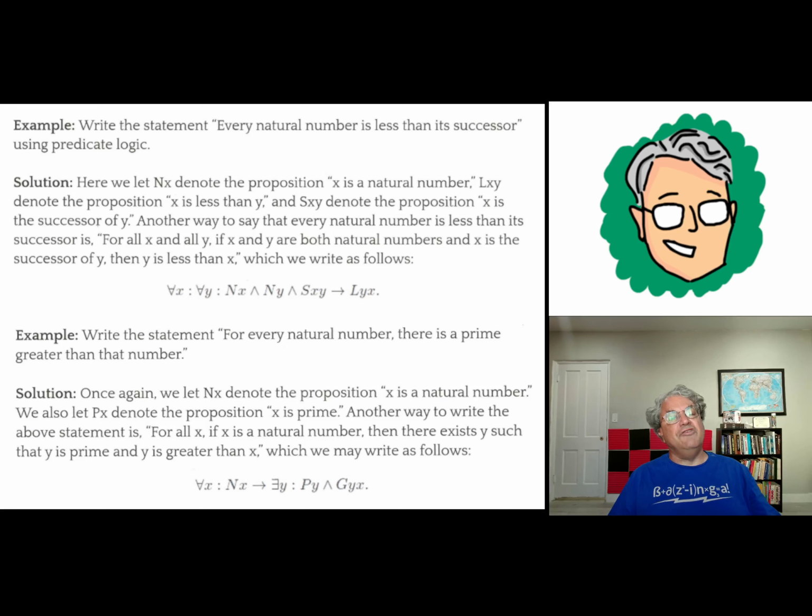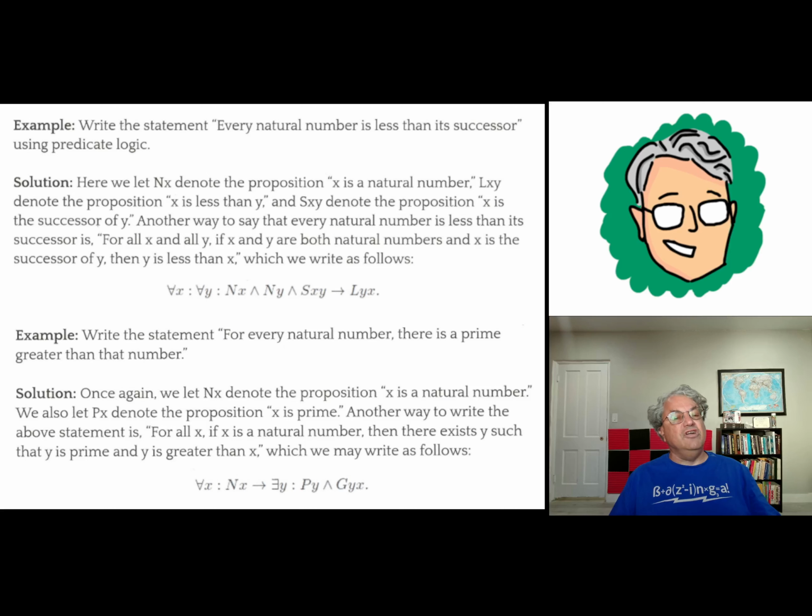Well, I think you can see we're talking about all natural numbers, so we have to have the quantifier for all x. And we actually have another quantifier here as well. We're saying there exists a y, exists a prime y. But now I'm being a little fancy here.